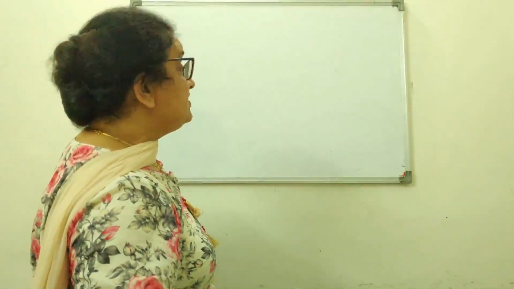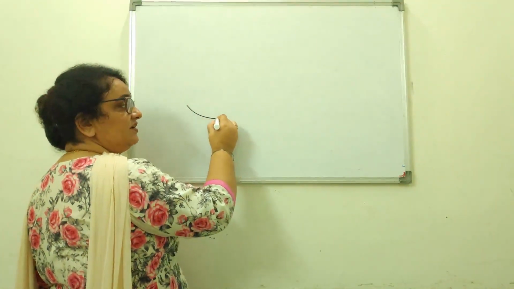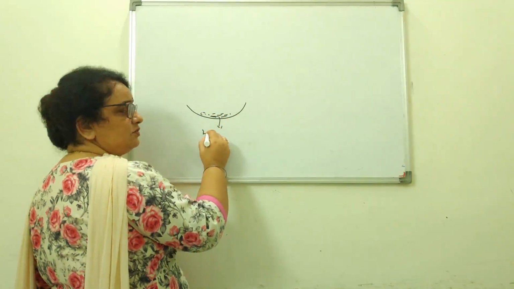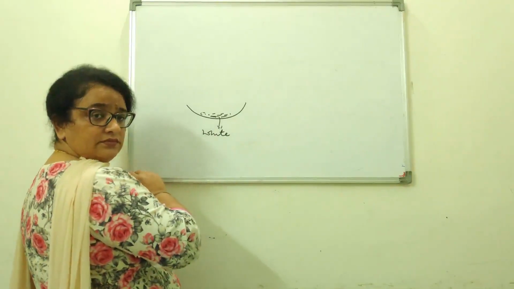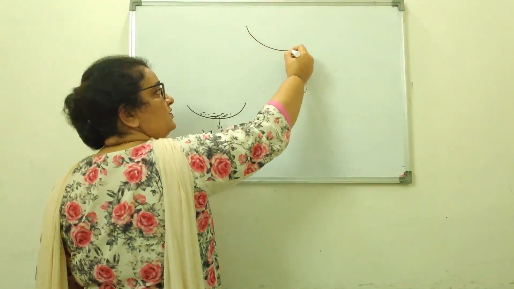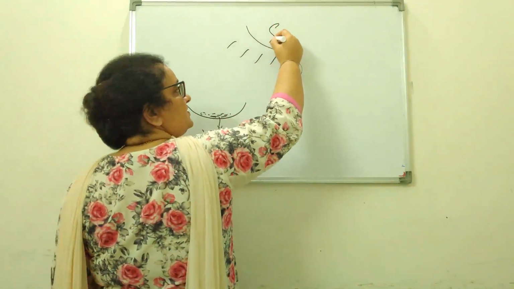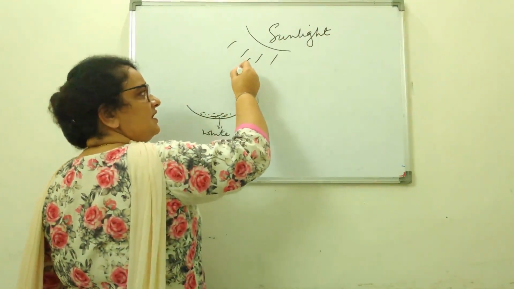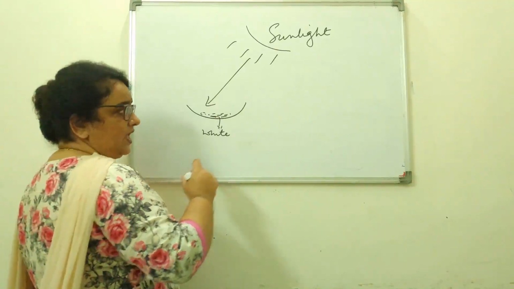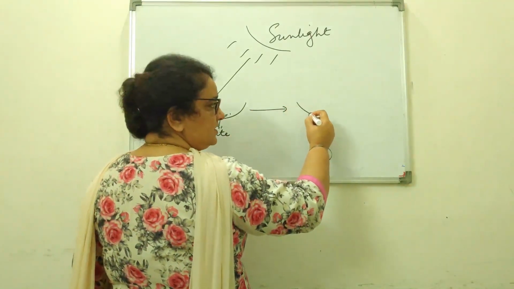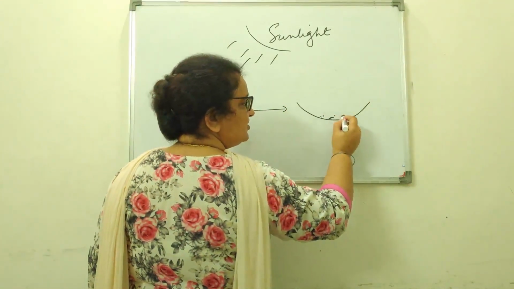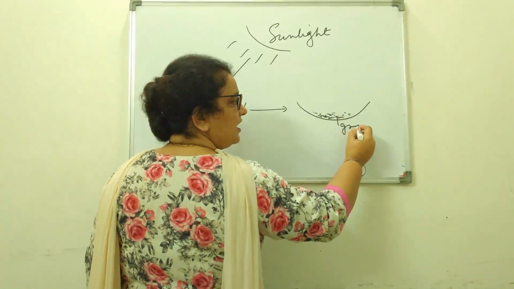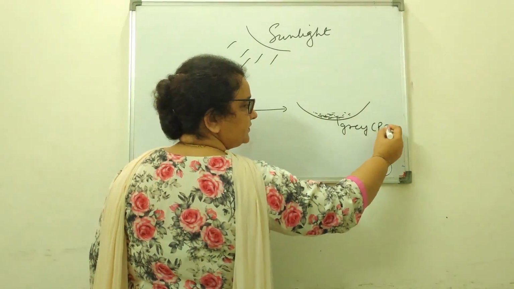So the last question in combination and decomposition reactions to be discussed is this. There is a salt in a china dish and the color of the salt is white and it is exposed to sunlight. After some time, the salt in this china dish changes into a grey color powder, right?